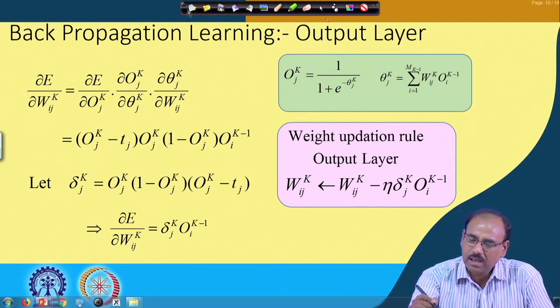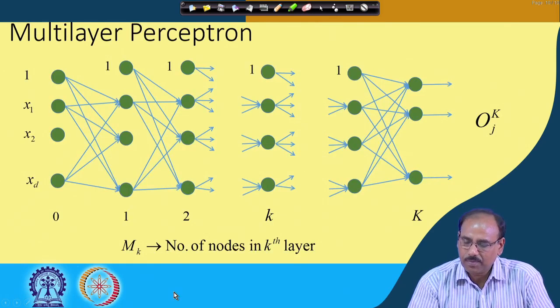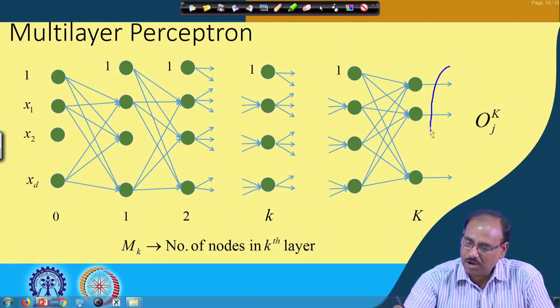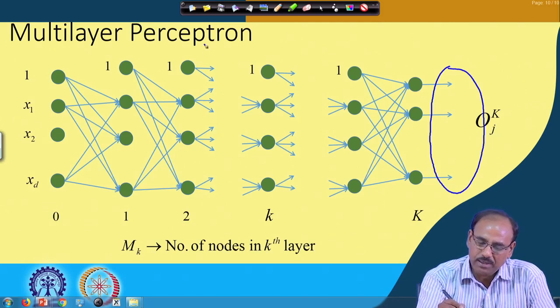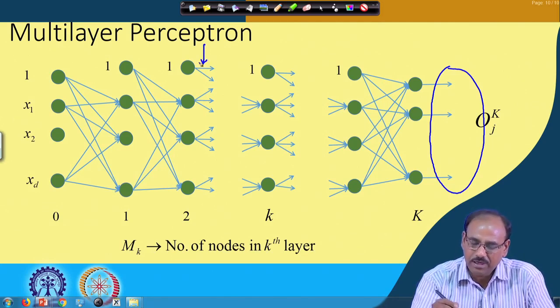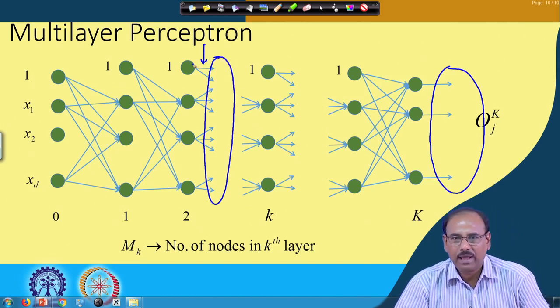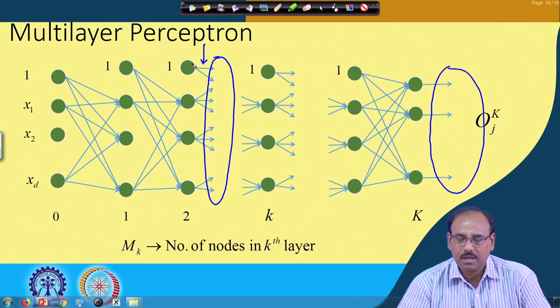Now, let us see how we can update the weights of the hidden layer. As we said, I can only compute error at the output layer. But when I am updating the weights at the hidden layer, I cannot compute the error at the output of any of the hidden layers, because I don't know what the target output is over here.